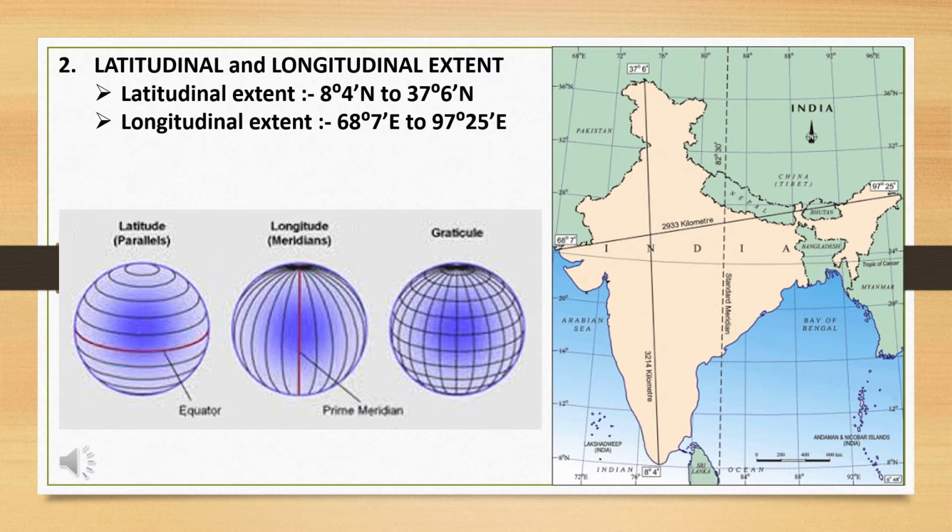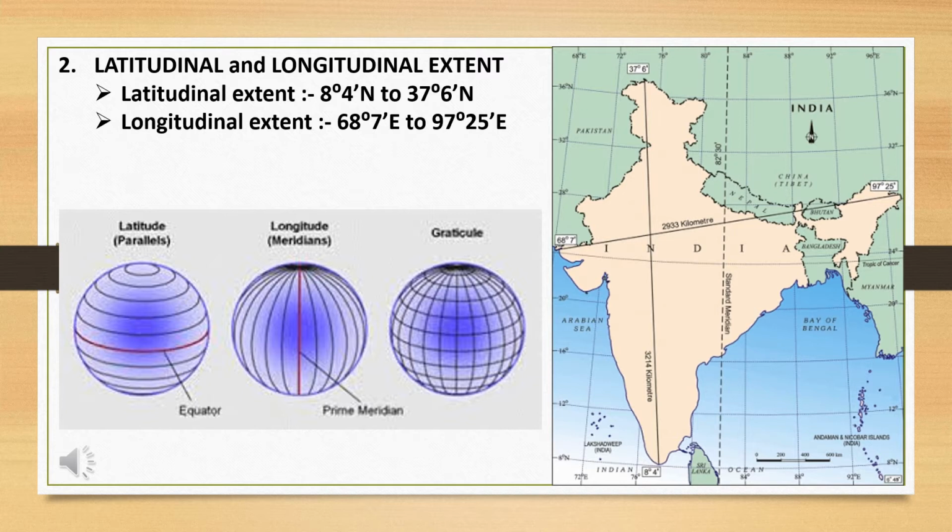India lies between 8° 4 minutes north to 37° 6 minutes north latitudes. For longitudes, the easternmost longitude is 97° 25 minutes east and westernmost longitude is 68° 7 minutes east. Hence, the longitudinal extent of India is 68° 7 minutes east to 97° 25 minutes east.